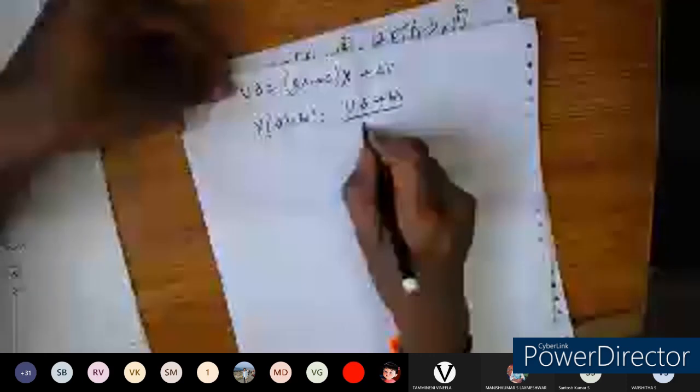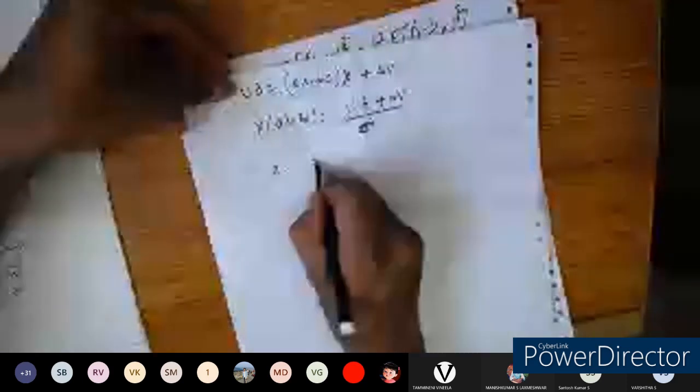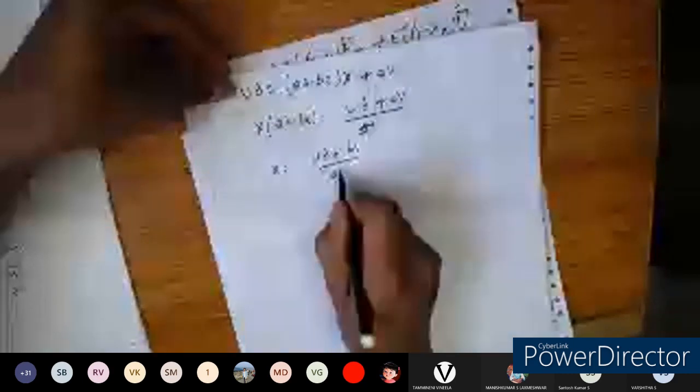So ad minus bc is equal to ud plus bv, divided by ad minus bc. So x is nothing but ud plus bv divided by ad minus bc.